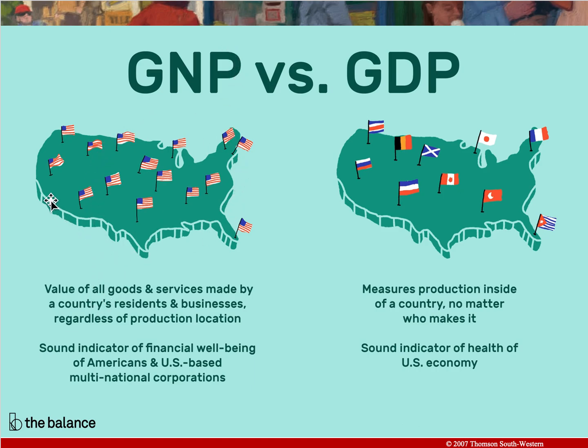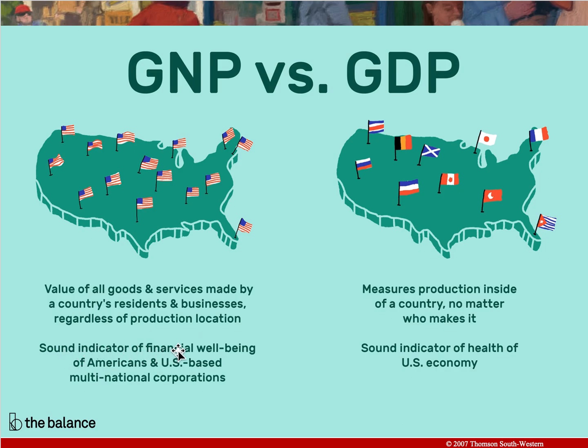In this case, the United States of America is an example. GNP basically refers to the value of all goods and services made by our country's residents and businesses. So meaning to say, whatever is produced by American citizens only, regardless of the production location.